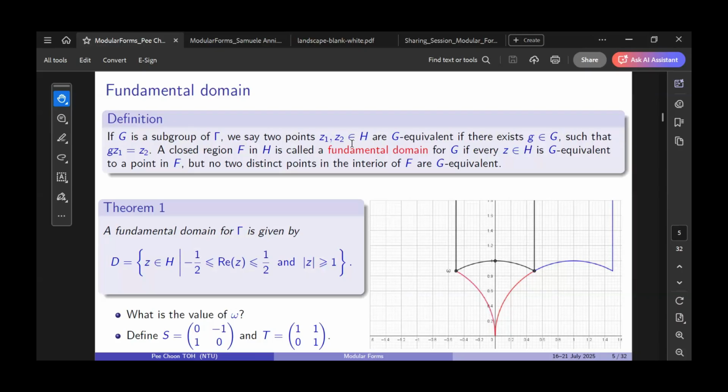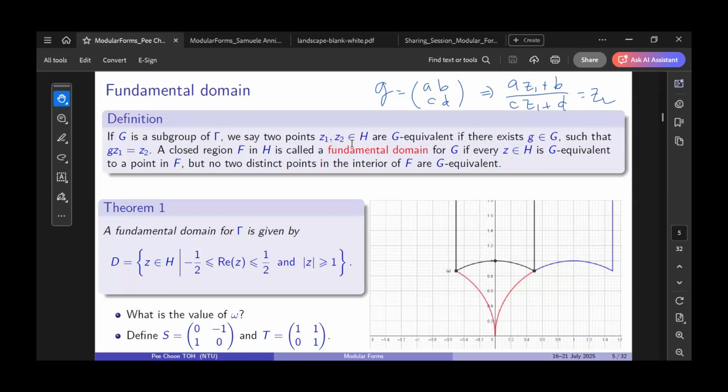So basically, if G is equal to A, B, C, D, and we can find A, B, C, D such that (A Z1 plus B) over (C Z1 plus D) is equal to Z2, then Z1 and Z2 are G equivalent.